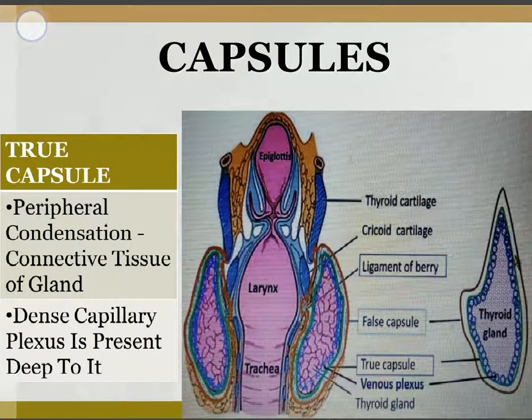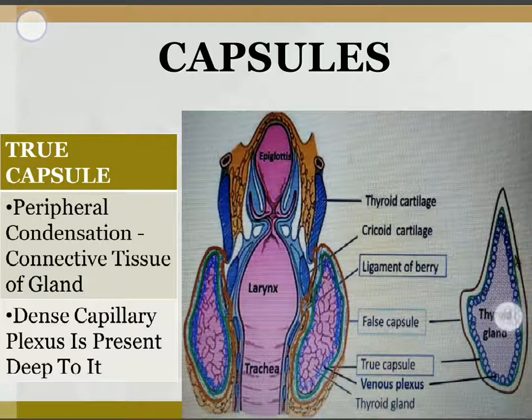So there are two capsules covering the gland, the true capsule and the false capsule. You can see in the figure, the true capsule is nothing but the condensation of the connective tissue of the gland itself.